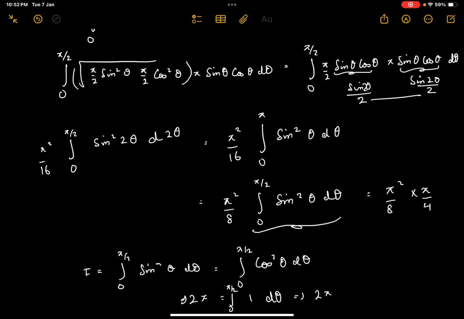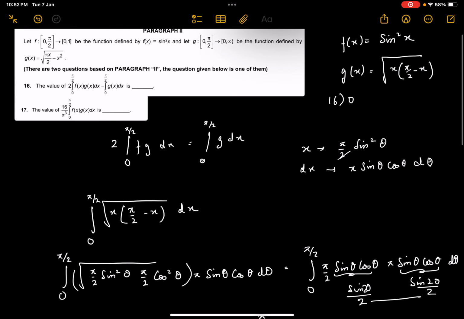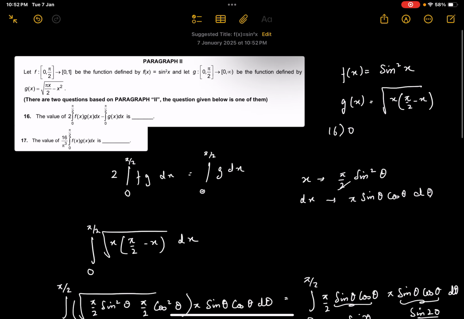Sorry, 2I is equal to pi by 2. So that's the value we have substituted here. This gives us our answer, the integral value rather, is pi cube by 32.